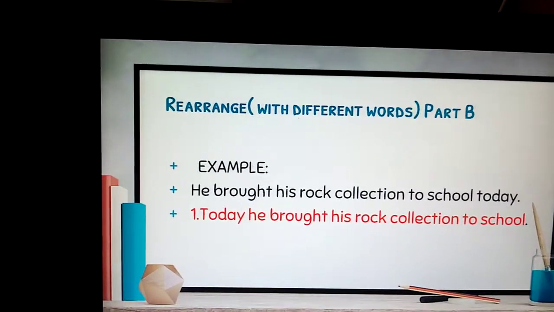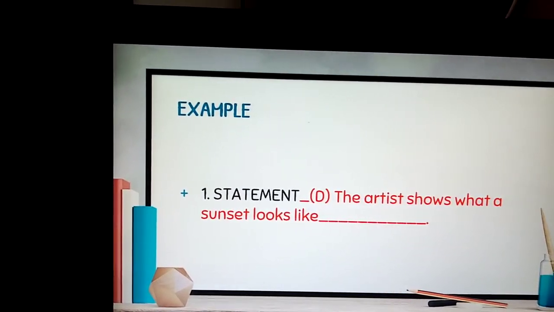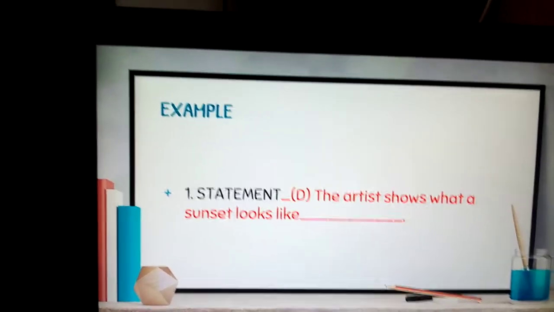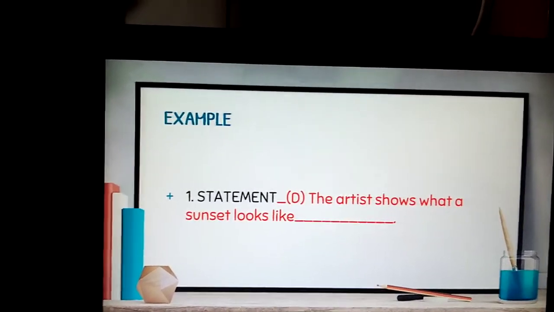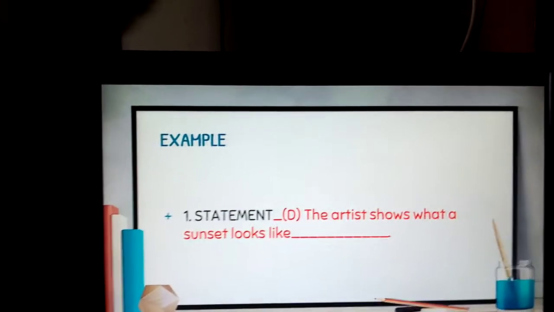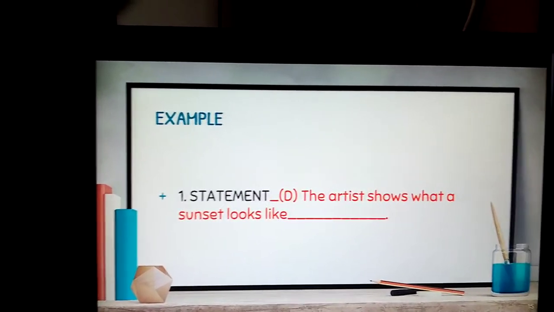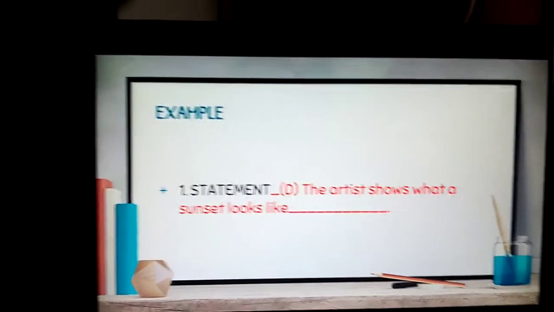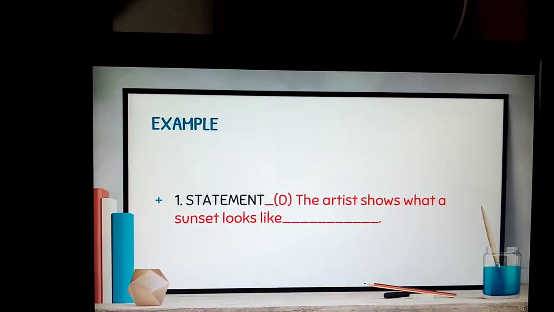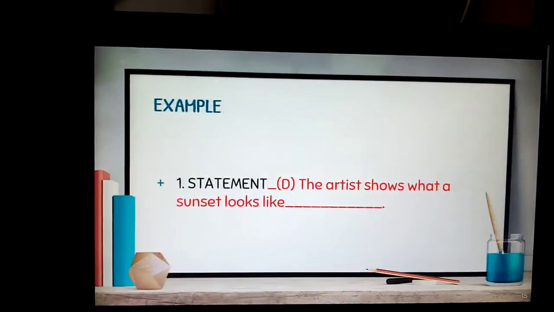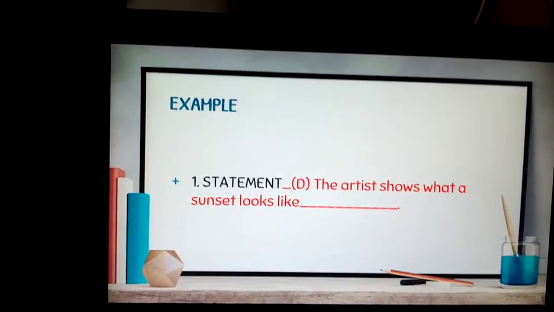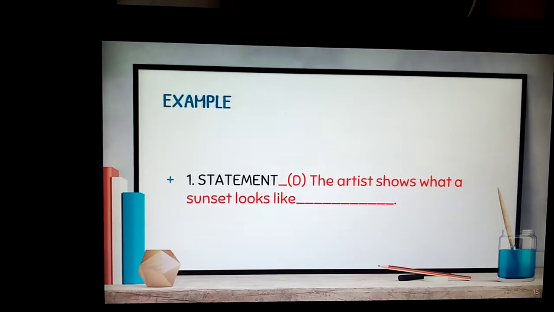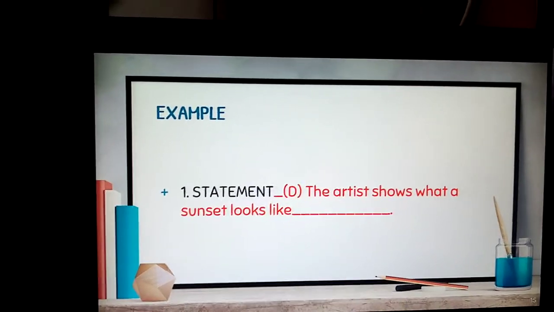Okay, what are we going to do? For example, we have an exercise that says statement. We are going to choose from the 4 sentences that we have. We have to place them in the correct word. For example, we have, the artist shows what a sunset looks like. What is that?